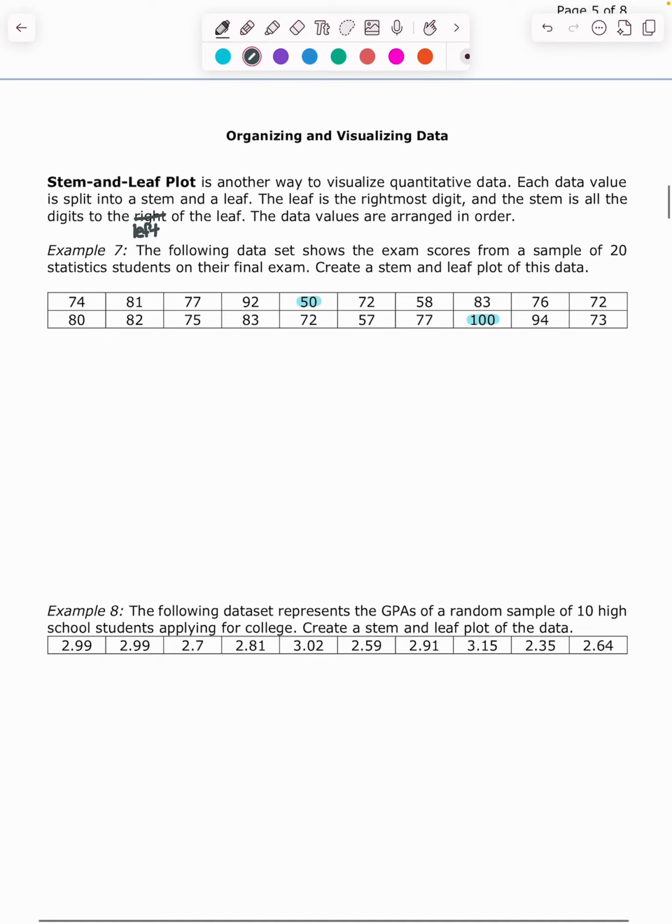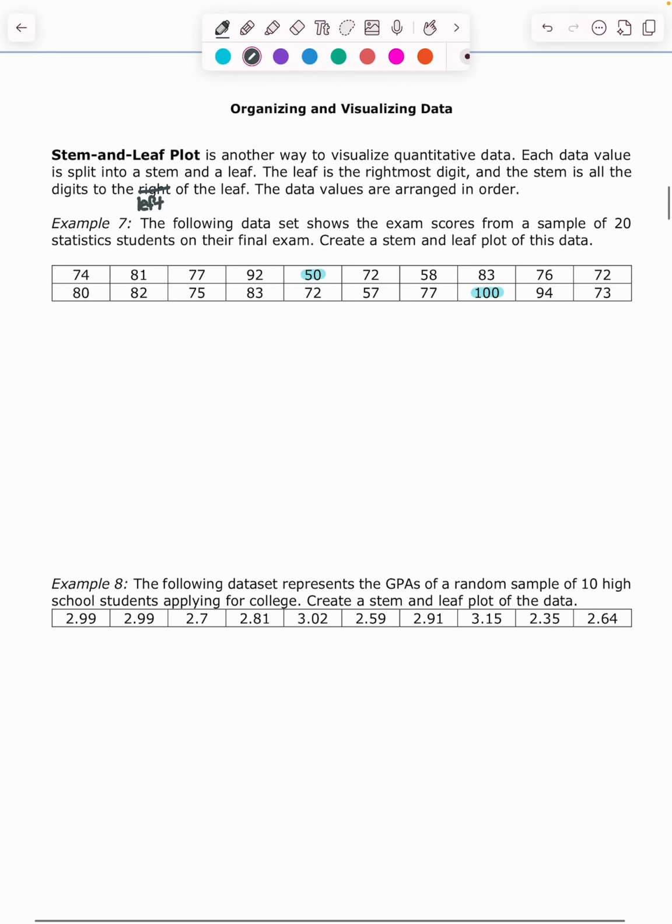So I'm going to look at the smallest number, which is a 50, and I'm going to identify which part of this would be the stem and which part would be the leaf. So the rightmost digit, that becomes the leaf. And then anything to the left becomes a stem.